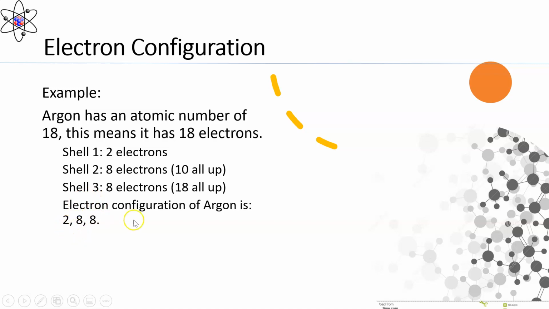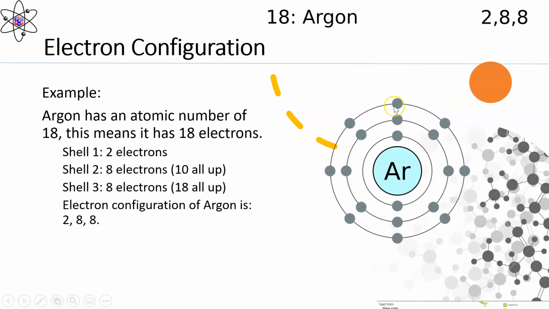So argon has 2 in the central shell, then 8, then 8. Here we've got argon. 2 in the first shell, 1, 2, 3, 4, 5, 6, 7, 8 in the second shell, 1, 2, 3, 4, 5, 6, 7, 8 in the third shell. Written as 2, 8, 8.